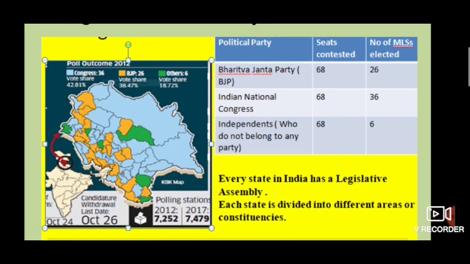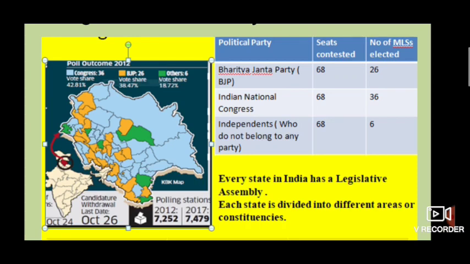If a political party wants to be in the government, to be the ruling party, then it needs to win more than 34 seats. You can see from this example, the Indian National Congress is winning 36 seats. So more MLAs are from the Indian National Congress.